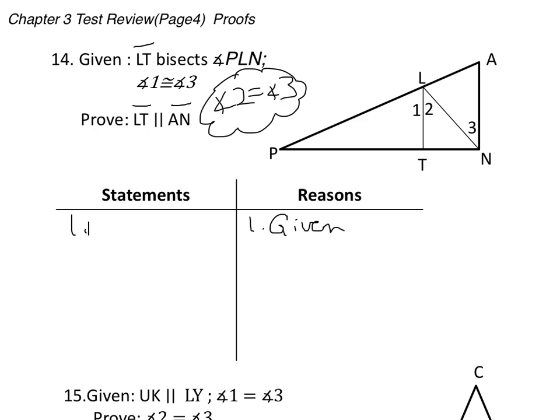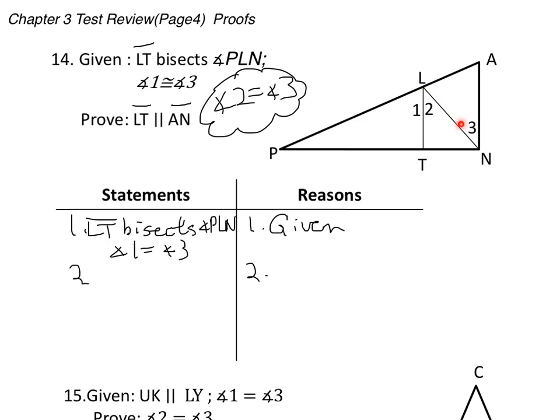So let's write the given. LT bisects angle PLN, and angle 1 equals angle 3. So we write the given, then we got to use the given. So here's angle PLN. PLN is right there.